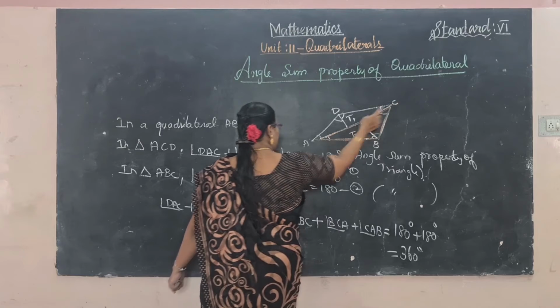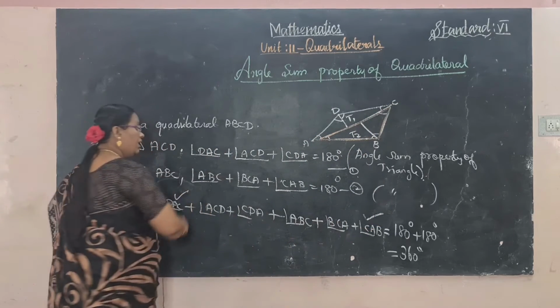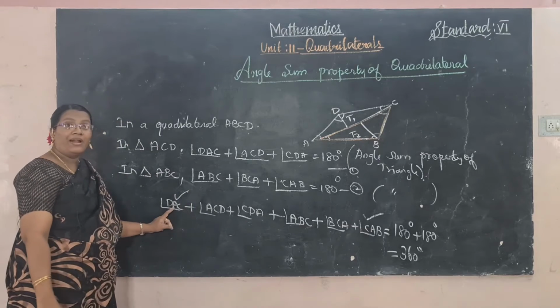See here, DAC and CAB. Which one is the common angle here?